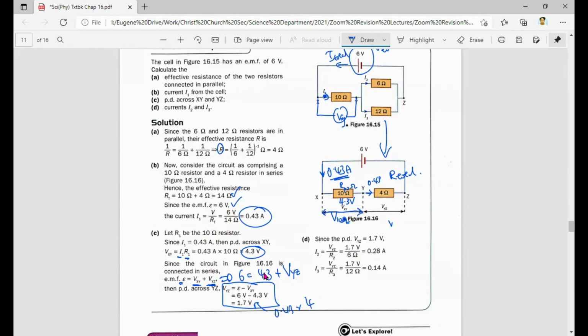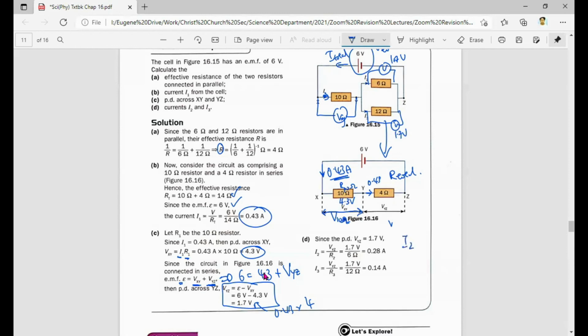Okay, next, find the current I2 and I3. I know the potential difference across here, which we already found is 1.7. So if I put a voltmeter here, it reads 1.7 volts. Potential difference here is 1.7 volts. If I have a potential difference and a resistance, I can find current.